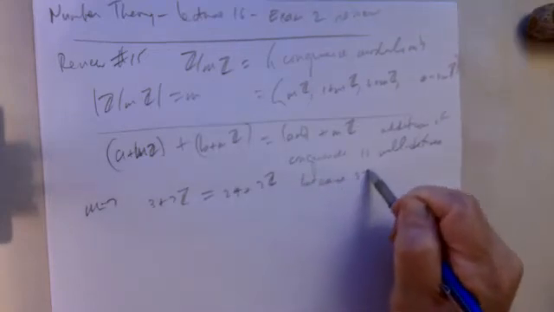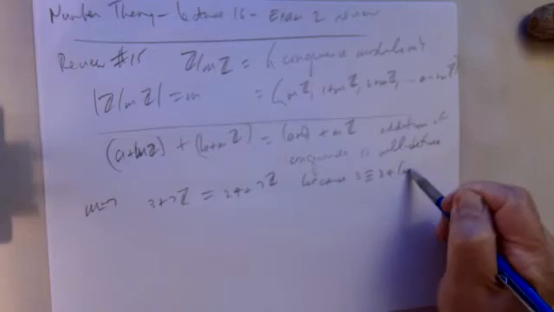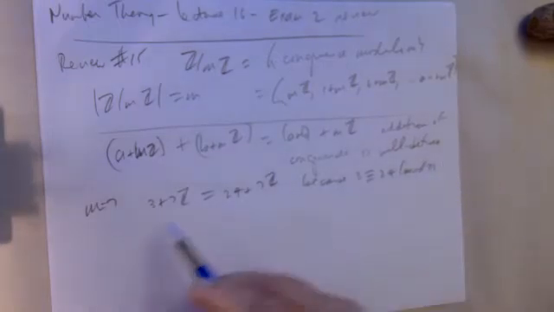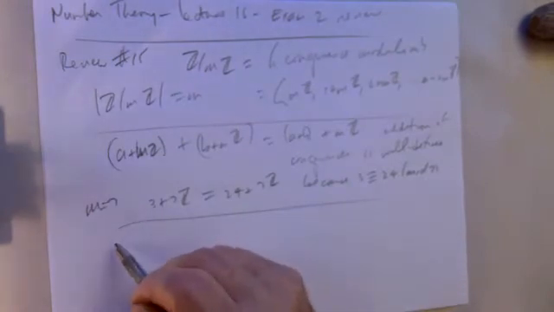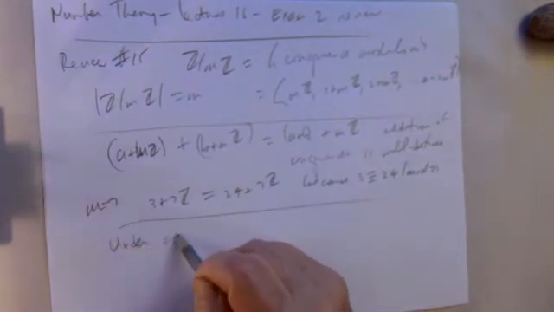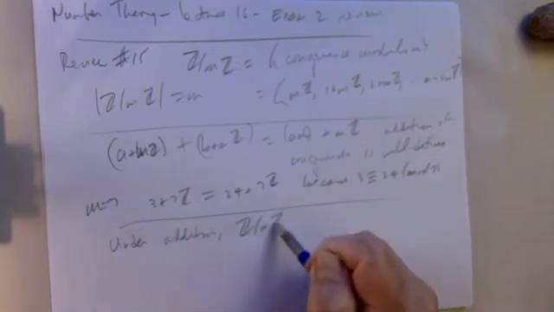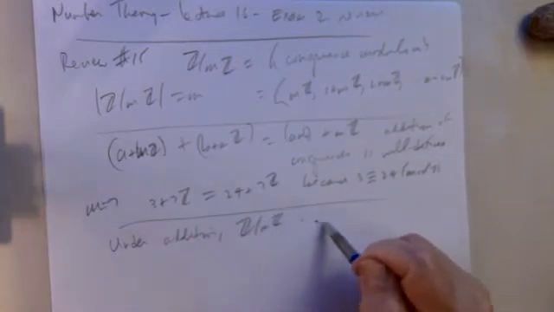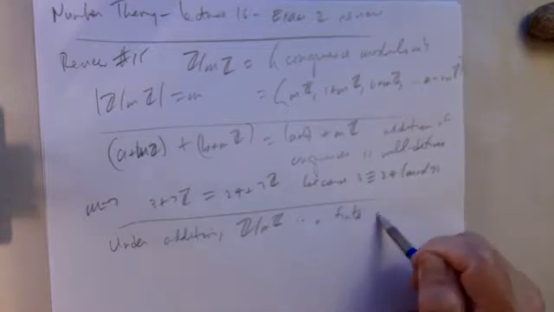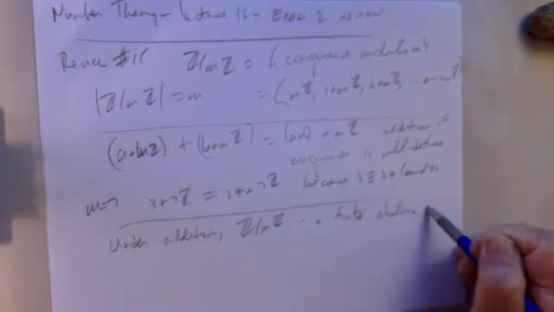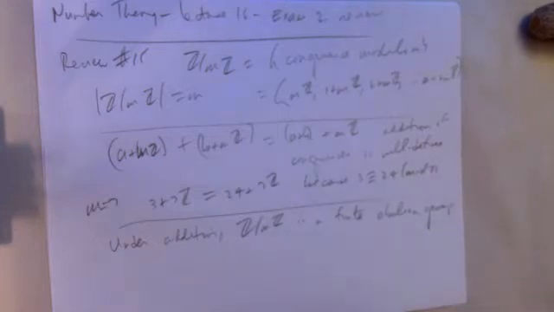Because 3 is congruent to 24 mod 7. So we can add congruence classes, and under addition, Z mod MZ is a finite abelian group.